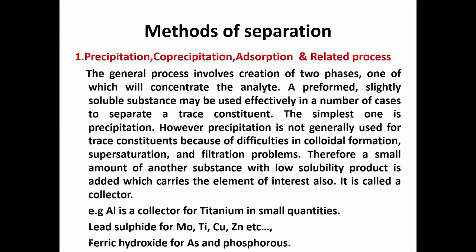The simplest one is precipitation. Precipitation is not generally used for trace constituents because of difficulties in colloidal formation. For example, whenever you are trying to precipitate a very small quantity of the substance, the critical size of the precipitate may not be exceeded to make it visible like a precipitate.